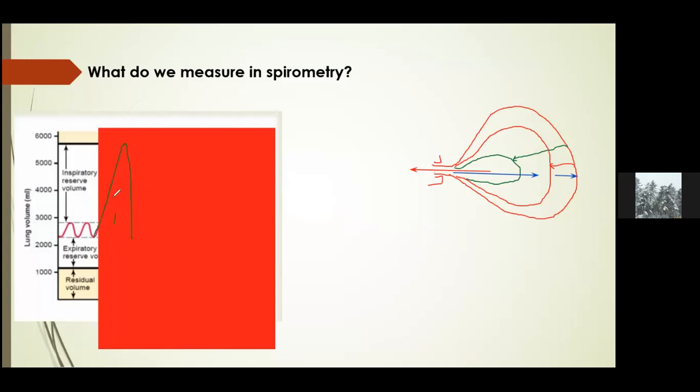Now, this is what you call the inspiratory volume. Whatever you are taking in, you have the tidal volume and you have a reserve volume. The reserve volume is up and above what you normally take. Reserve means above the normal. The normal is tidal. Above the normal will be reserve.